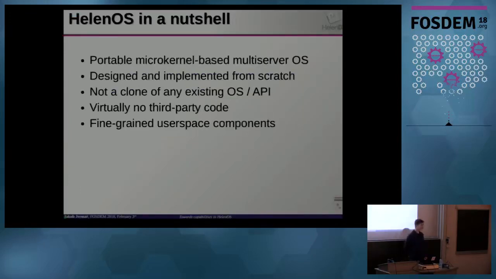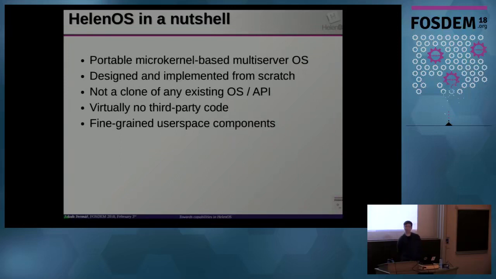So first of all, in case you didn't know, HelenOS is very portable. It runs on 7 processor architectures, starting with ARM, going through Itanium, as was already mentioned by Yuzi, SPARC, PowerPC, of course AMD64, maybe some others.